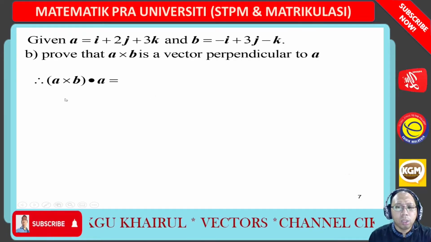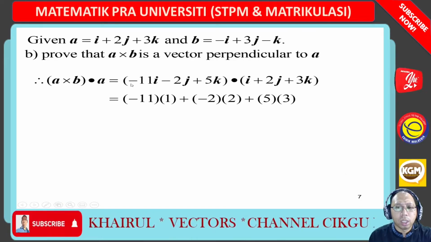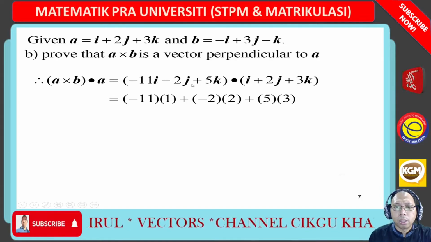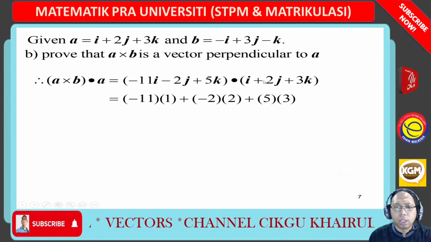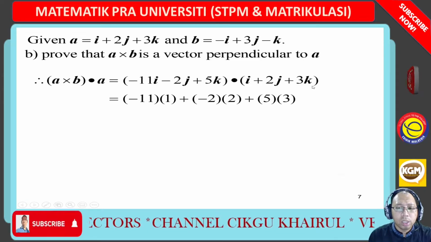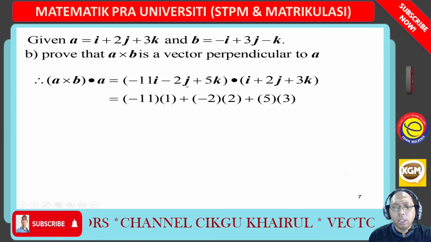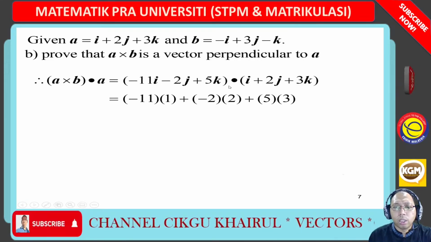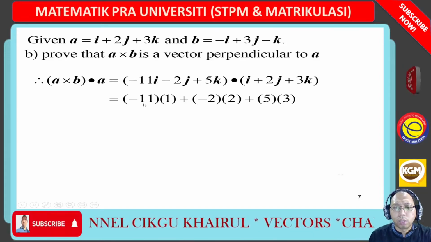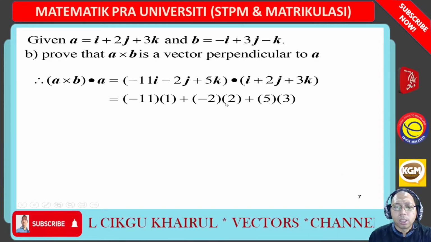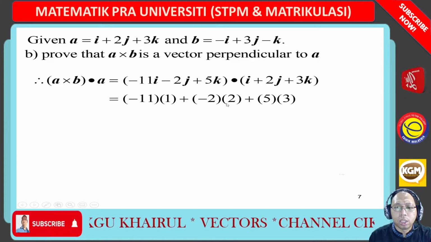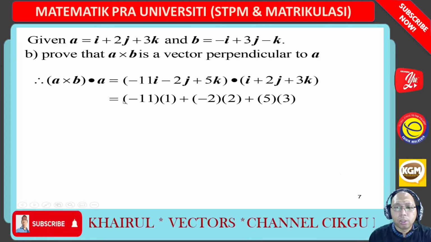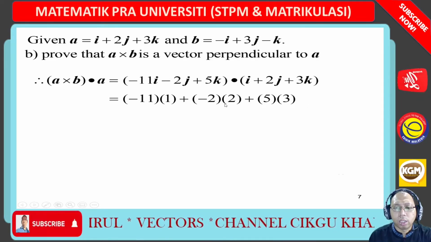A cross B we have found in equation A, negative 11i minus 2j plus 5k, and vector A in equation. So we just multiply the common components i, j, and k. Then we get negative 11 minus 4, which is negative 15.